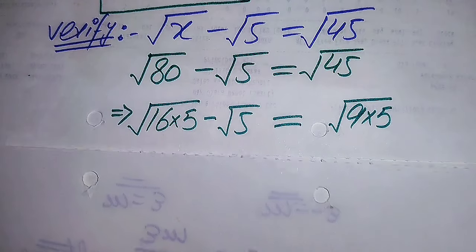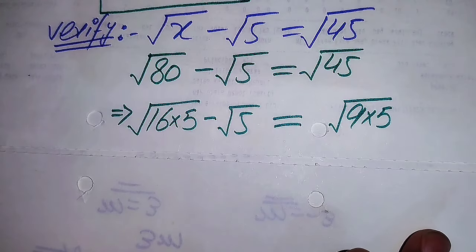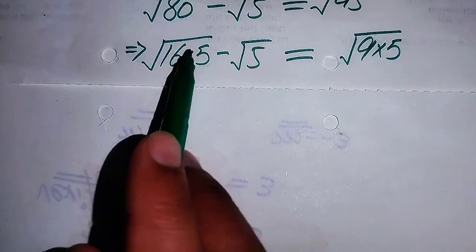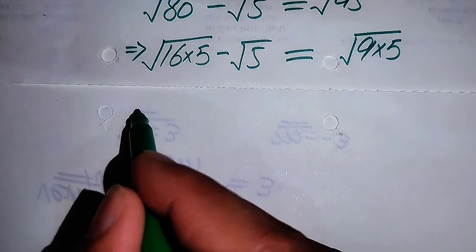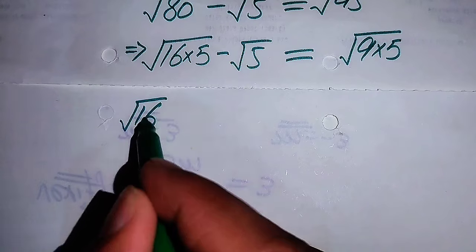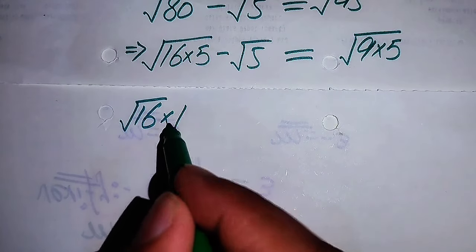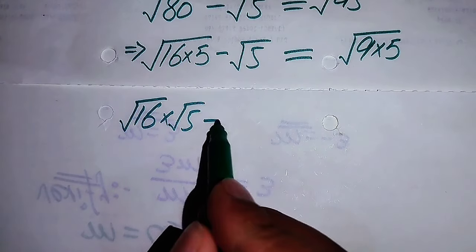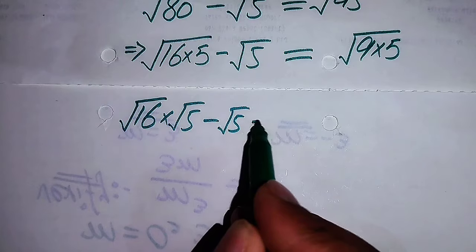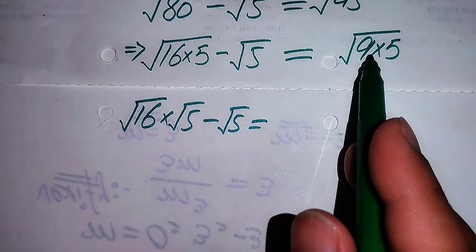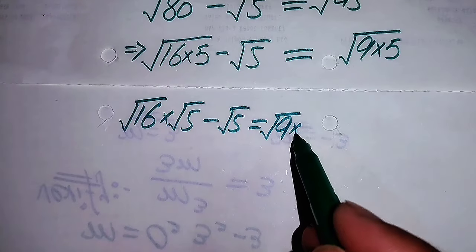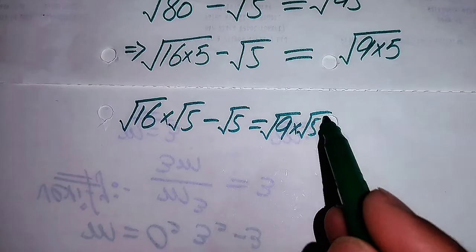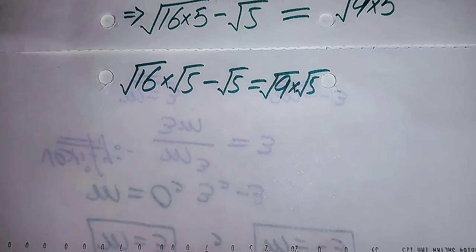Okay, so here we again use the nice radical law and we apply the radical sign on both of these two values, and similarly here. So it will be written as square root of 16 multiplied by square root of 5 minus square root of 5 is equal to square root of 9 multiplied by square root of 5.